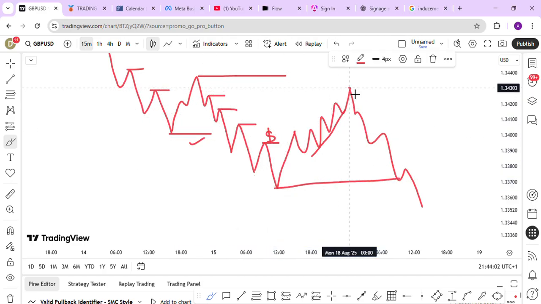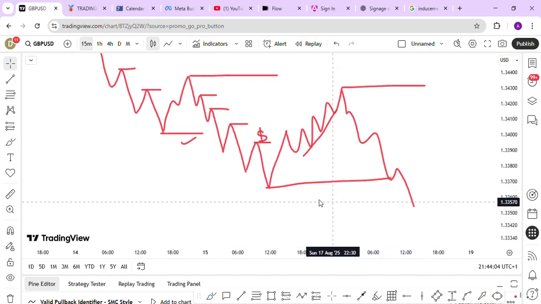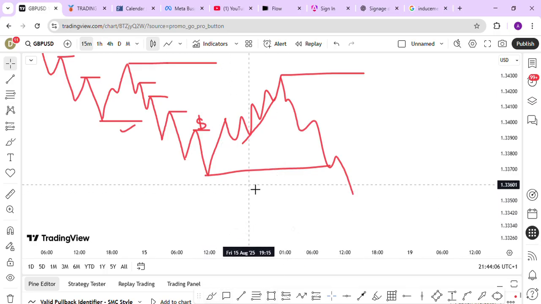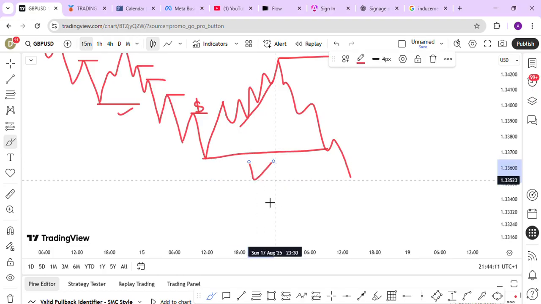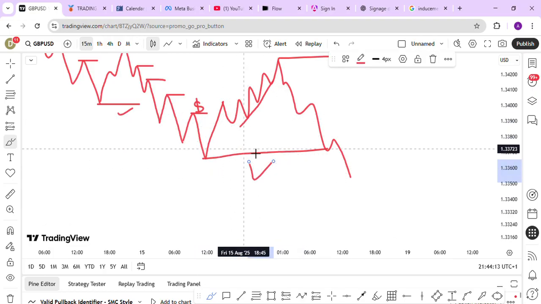In this structure, we have the high here, then we have the break of structure here, and the break of structure here. So you don't need much, you just need to identify it.